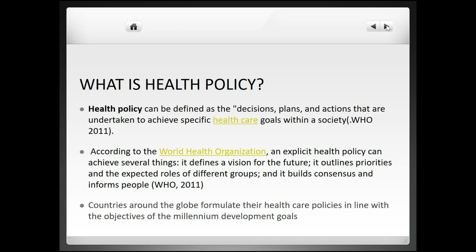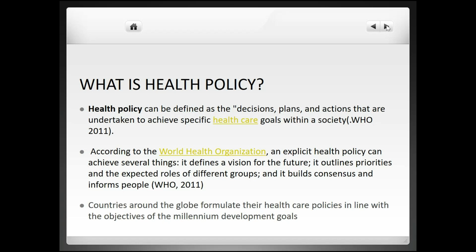So healthcare policy can be defined as decisions, plans, and actions that are undertaken to achieve specific healthcare goals within a society. This is a broad definition by the World Health Organization. We might have a health policy that focuses on cardiovascular disease, which is a problem in developed countries. That might not be a problem for other countries in sub-Saharan Africa or elsewhere.